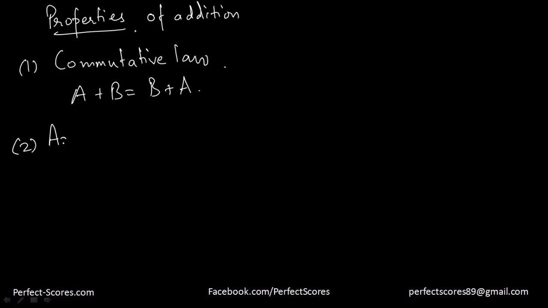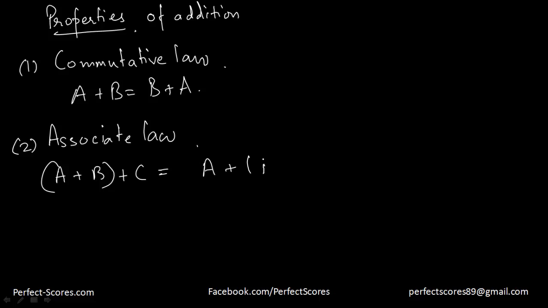The second is that it follows the associative law as well, that is (A plus B) plus C is going to be equal to A plus (B plus C), which is pretty obvious. I don't want to show you any kind of proof for that.